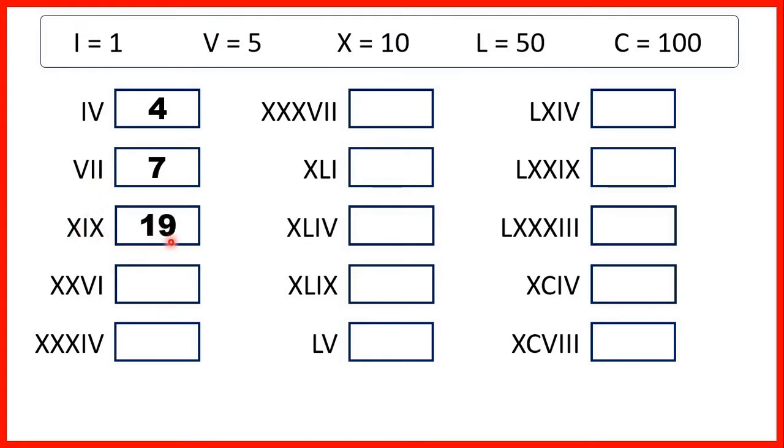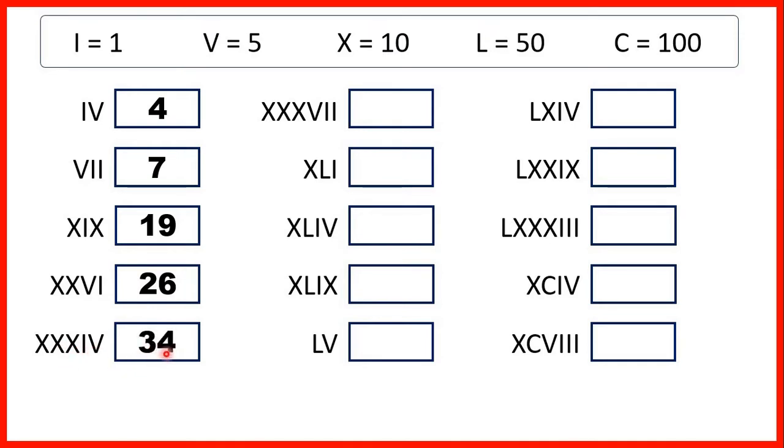XIX is 19, because X is 10, and then IX is 1 before 10, so that's 9. XXVI is 26, because XX is 2 tens, so that's 20, and VI is 5 and then 1, so that's 6.